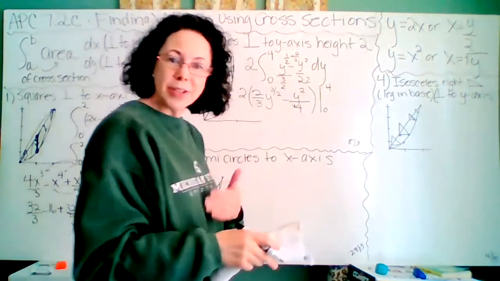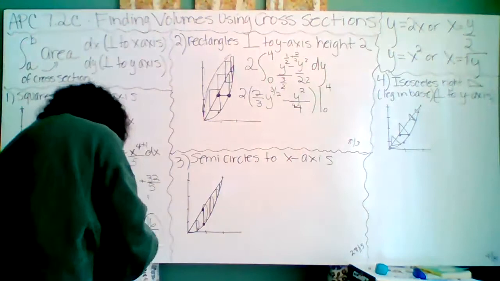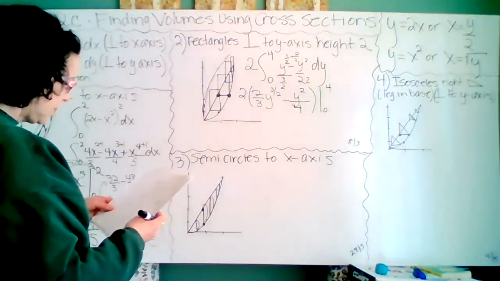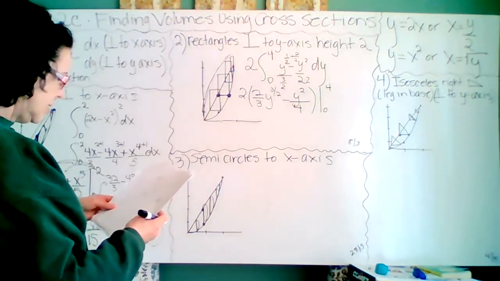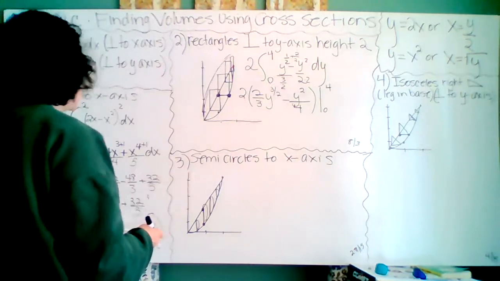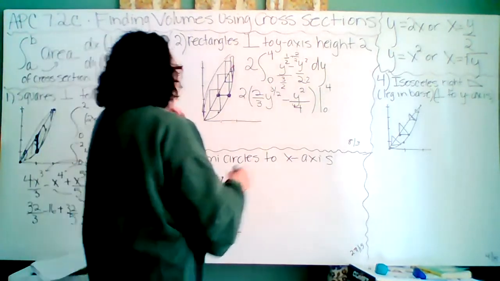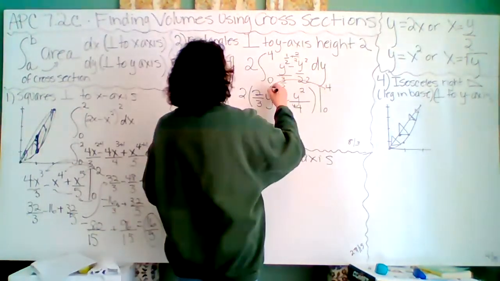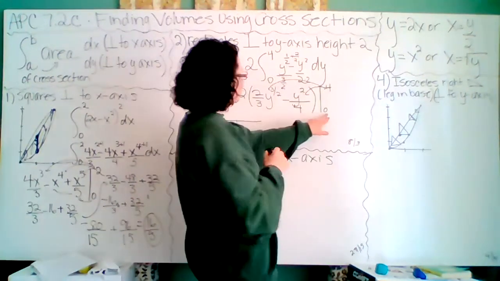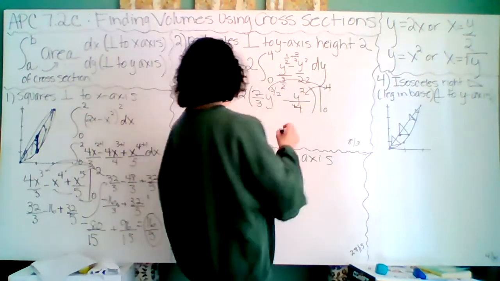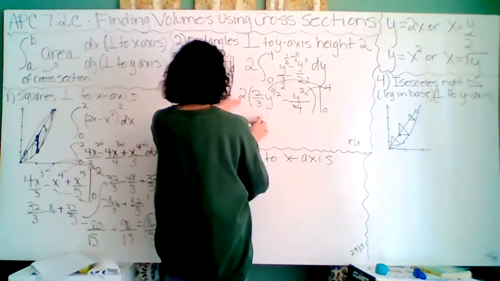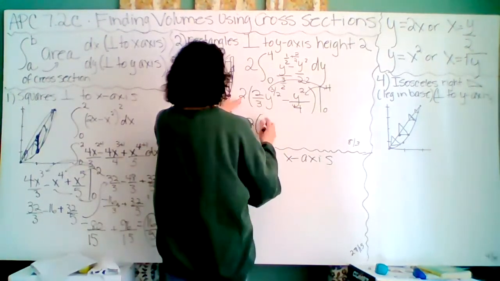If you don't mind, I'm just going to check my paper again, right? Since I did the work before, I think we are definitely on the right track. Okay, f of b. Notice I won't have to do my f of a again because it's 0. So here's my 2, right?